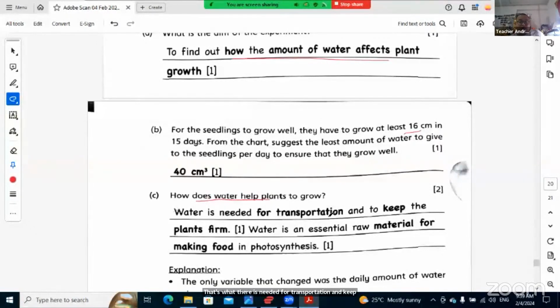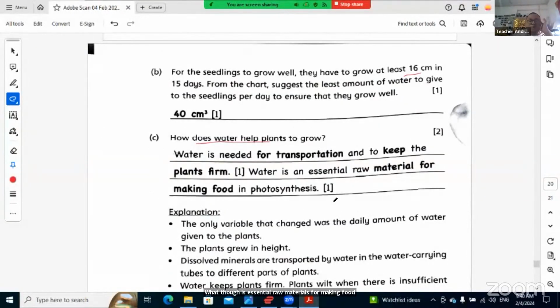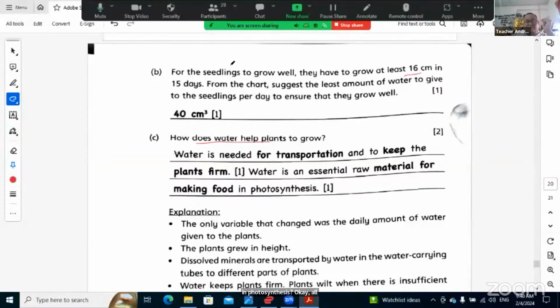So, students, you see the words in bold. These are the important keywords they must write in the answer in order to get full marks. So water is needed for transportation and to keep the plant firm. Water is an essential raw material for making food in photosynthesis. Okay? All right. So that's how we go about it.